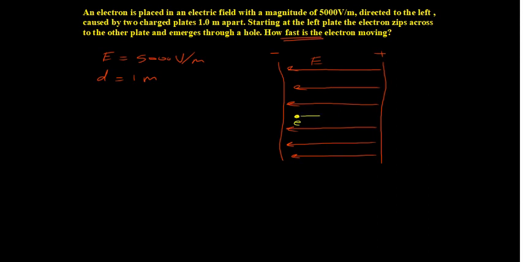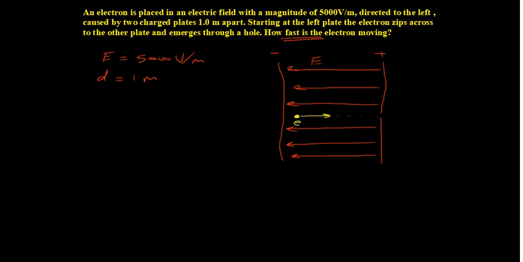It's starting from the left plate, from speed 0, from rest, and will zip through this little hole. Let's make a small hole. That's where the electron will be going through. He's asking me to find how fast that electron will be when it has crossed that hole.